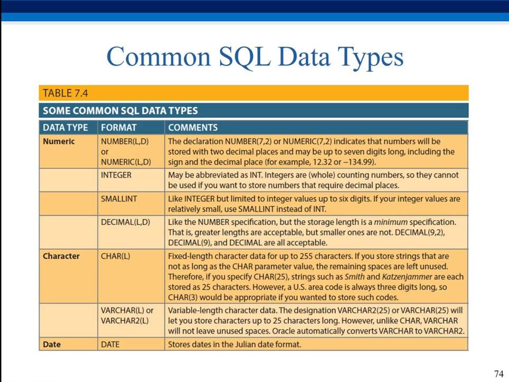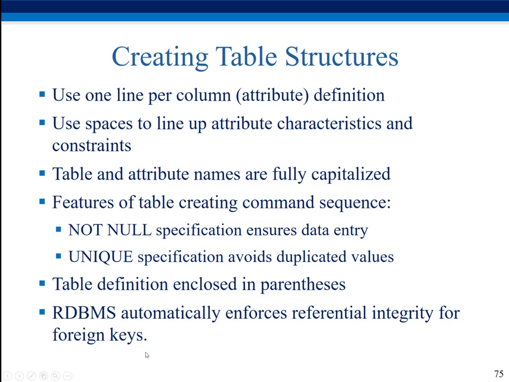So if you've taken the programming classes, you'll know about unsigned and signed integers. So obviously, a signed integer can go either one way or the other. The sign could be positive or negative. So then we have the different types. We're going to worry about char, varchar, and date.